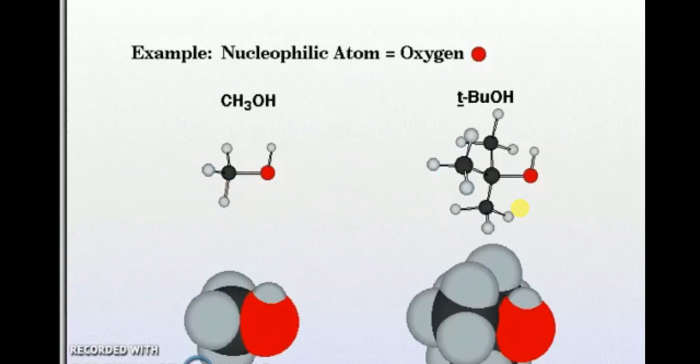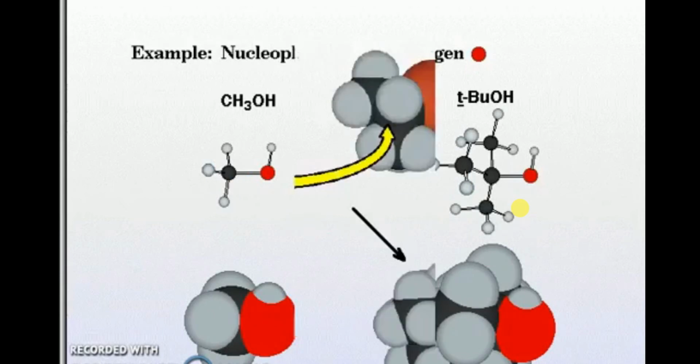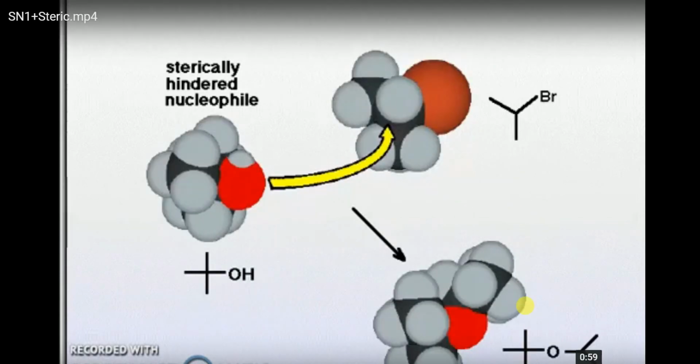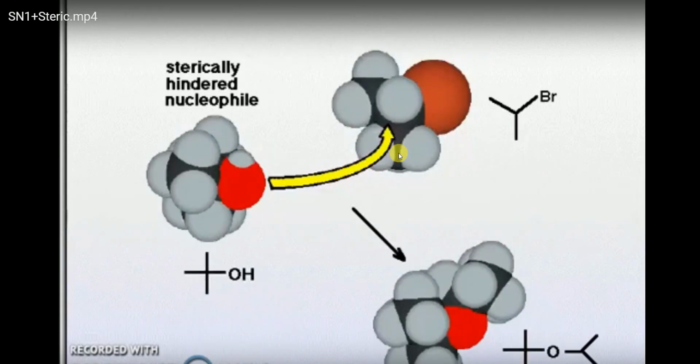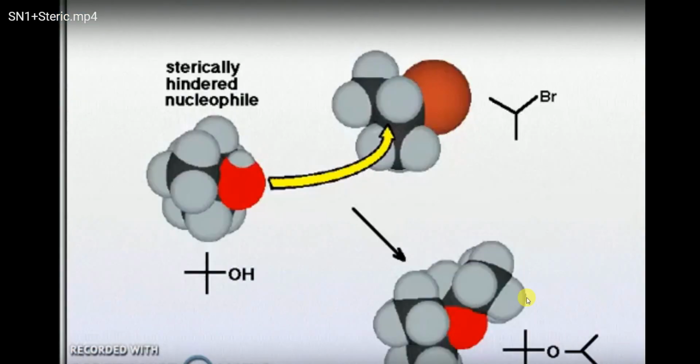Some steric hindrance of nucleophiles. Here's an example: a nucleophile atom of oxygen. You can see the oxygen and hydrogen, OH, tert-butanol. You can see the OH, it's tertiary, more in the molecular type structure. You can see there's some steric hindrance there.